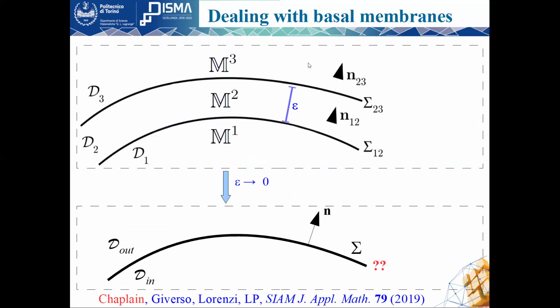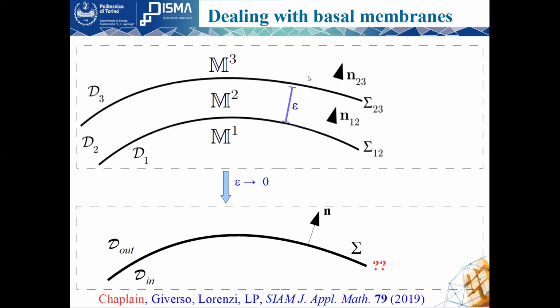But the last step has to do with the need that I was saying at the beginning, in the sense that what I really want to do is not to understand the growth of a tumor in a heterogeneous environment, but to understand the growth of a tumor inside a membrane that is confining the tumor.